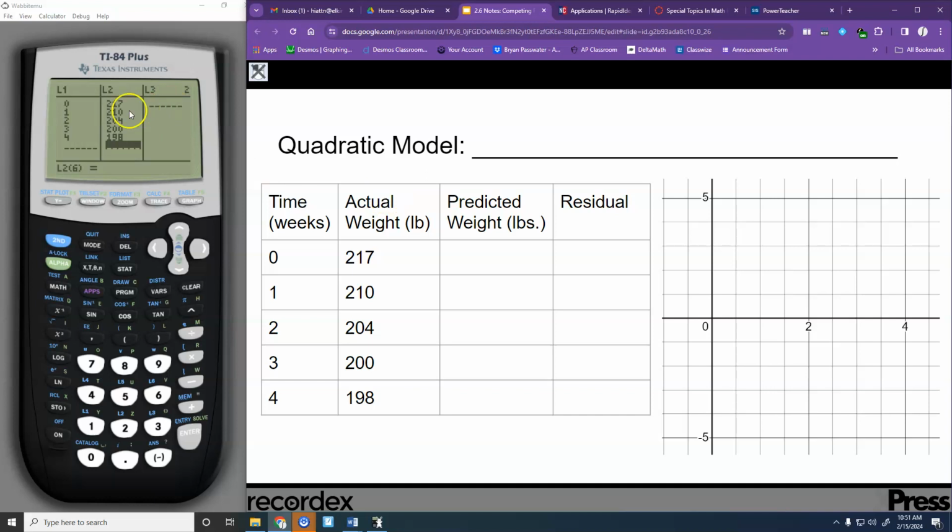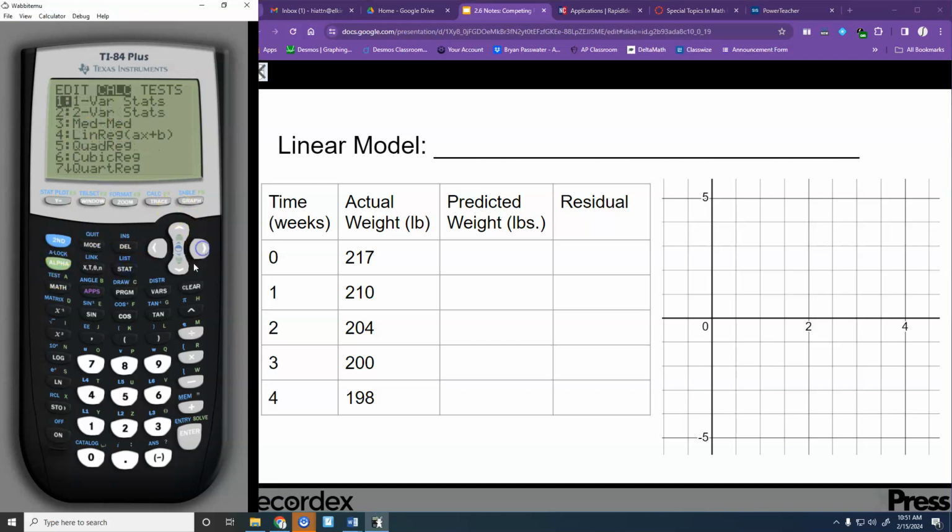All right. Let's do our linear regression. So, Stat, Calc, number 4, linear regression. Let's store this in Y1. So, go down here, store regression equation, alpha trace, Y1.